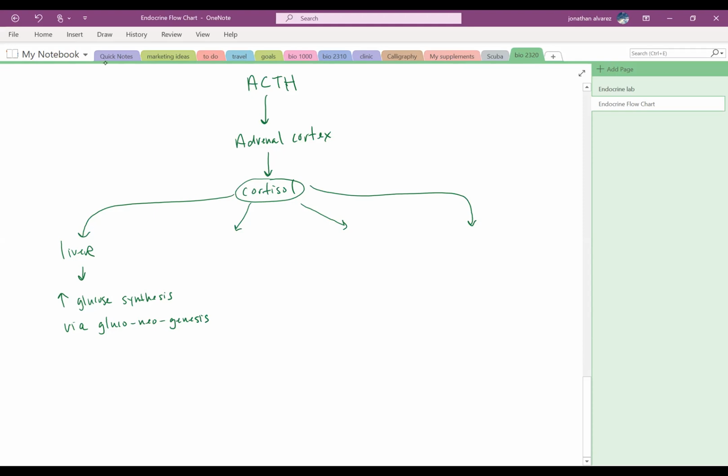It also has an anti-inflammatory response and suppresses the immune system.